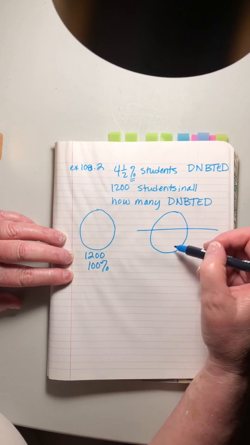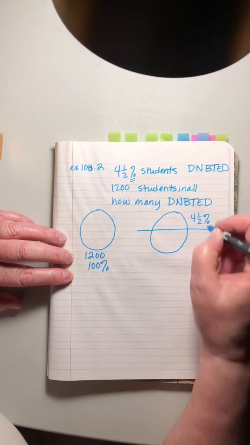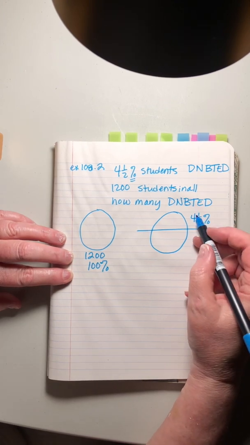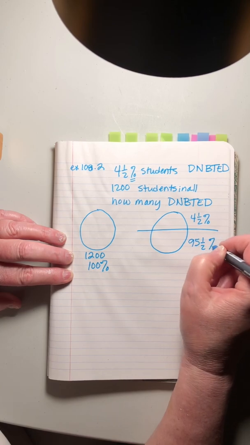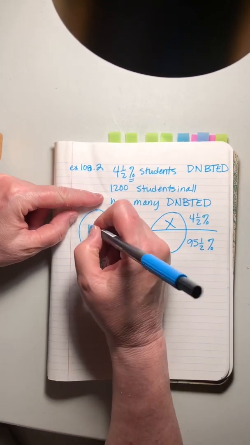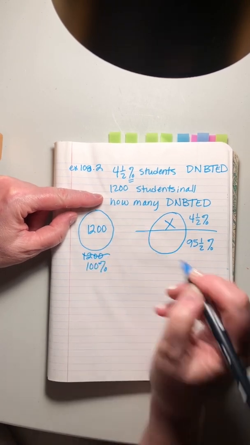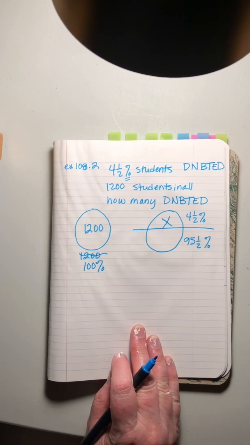Thank goodness it's not so close to half and half. But this is 4.5%. So this would be what? 100 minus this, it would be 95.5%, right? And we're supposed to find out how many students go here. Although I usually put the number inside, so I'm going to move it. All right. So we see, okay, it's a formula problem.